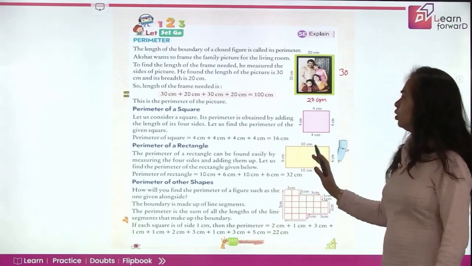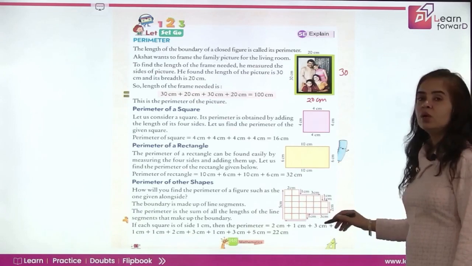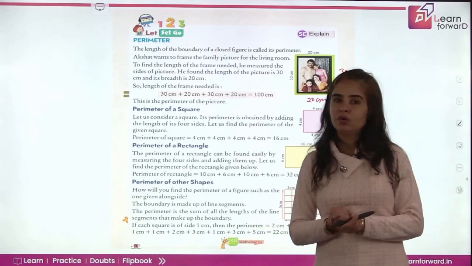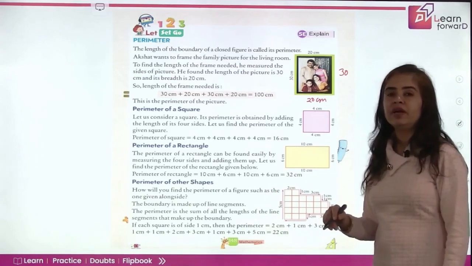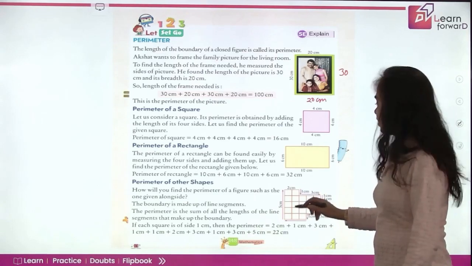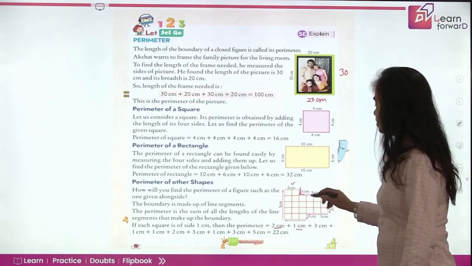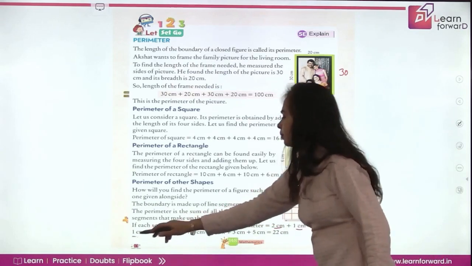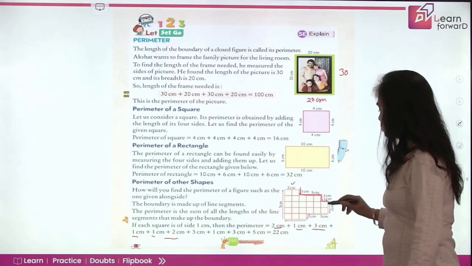So this is about your regular shapes, right? Sometimes you may have irregular shapes also. Still, perimeter means total boundary. You can start from any point when you have to find out the perimeter of an irregular shape. Let's start from 2 centimeters. Plus this is 1 centimeter. Plus this is 3 centimeters. Another 1 centimeter. Then another 1 centimeter and next is 2 centimeters.